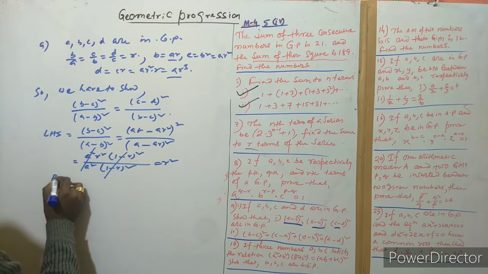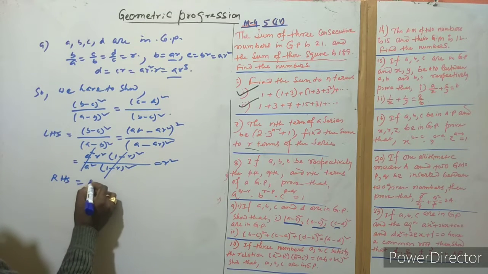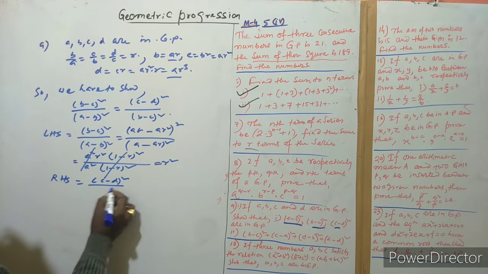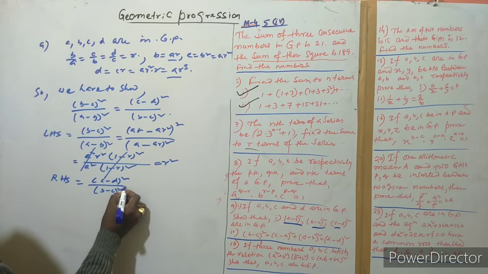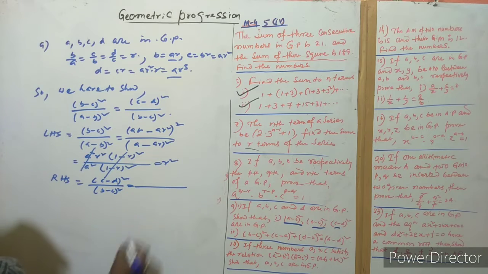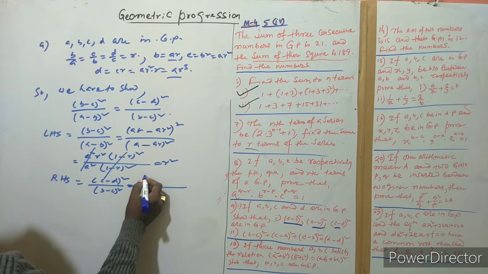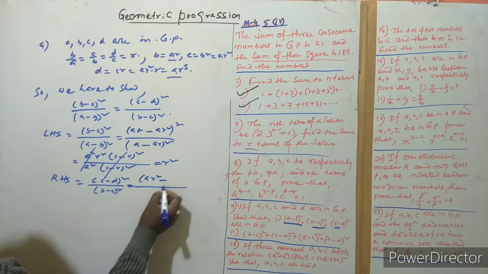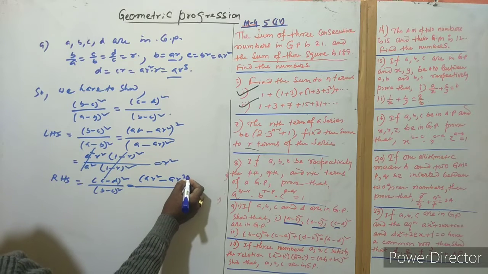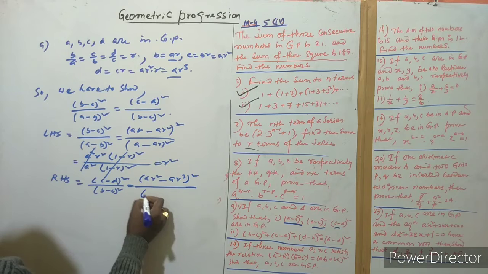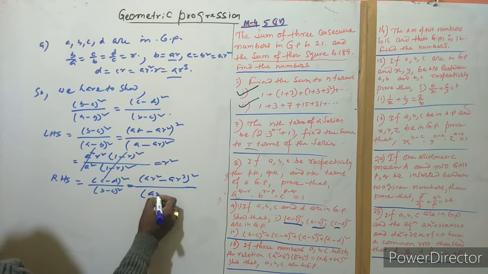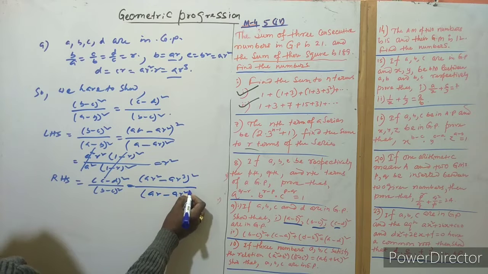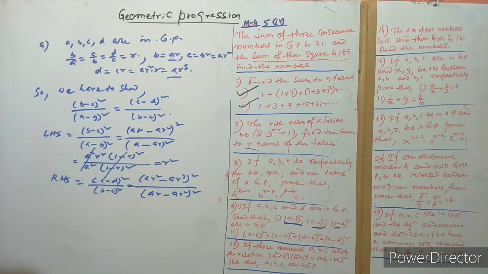Now on the right hand side, C minus D whole square by B minus C whole square. So C here is A R square, and D means AR cube whole square. B means AR, and C means A R square whole square.